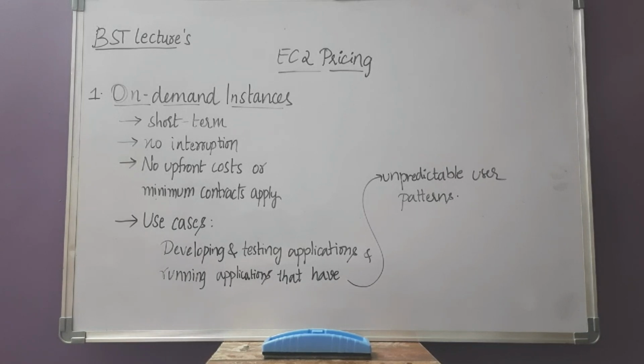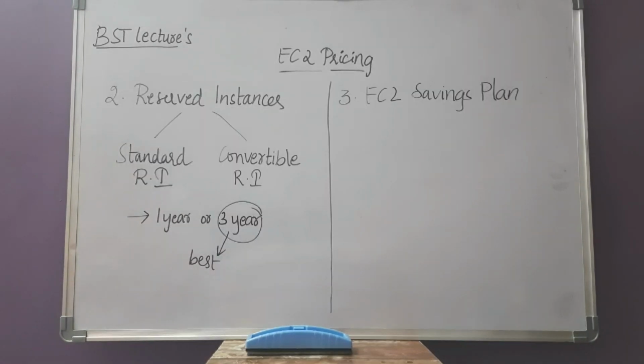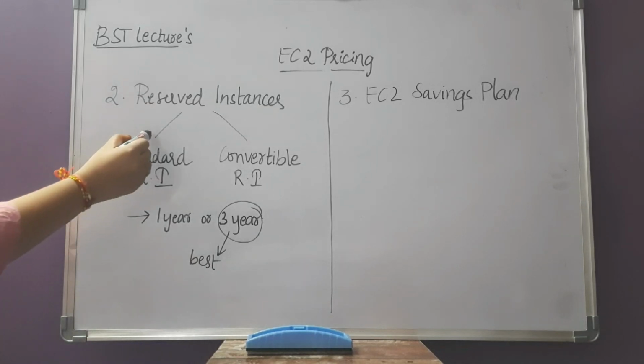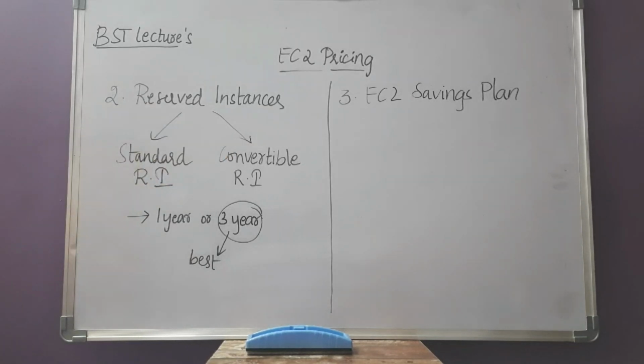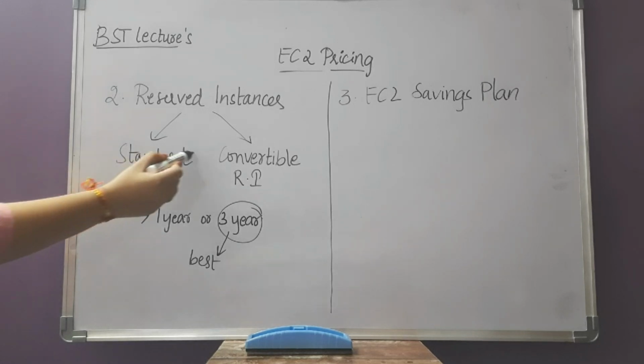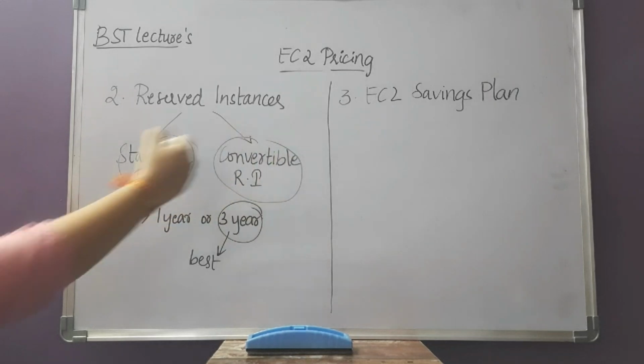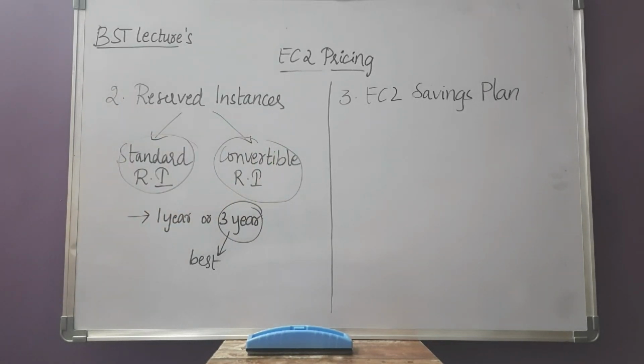Now let us move to the second one, which is reserved instances. In reserved instances, we have 2 types. One is standard reserved instances, and the second one is convertible reserved instances, right? I will explain these reserved instances in detail.